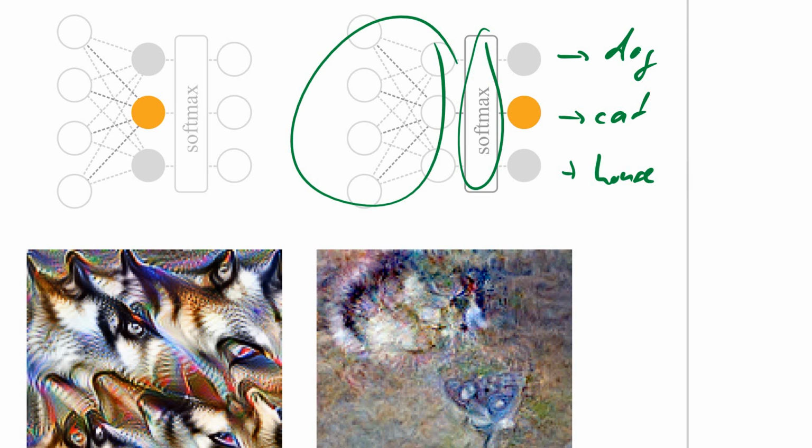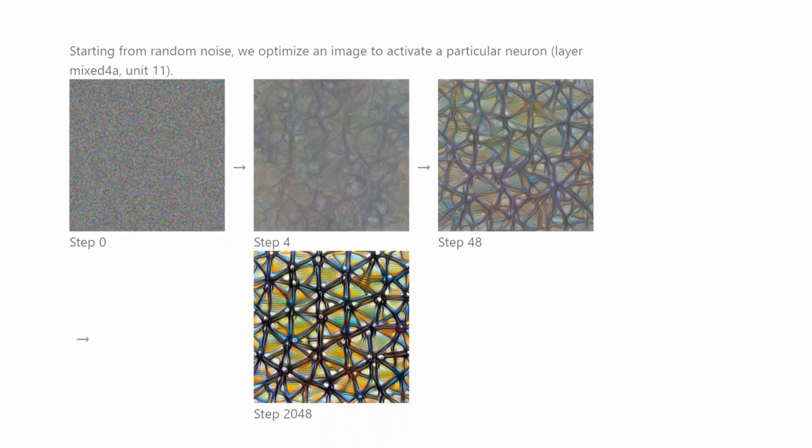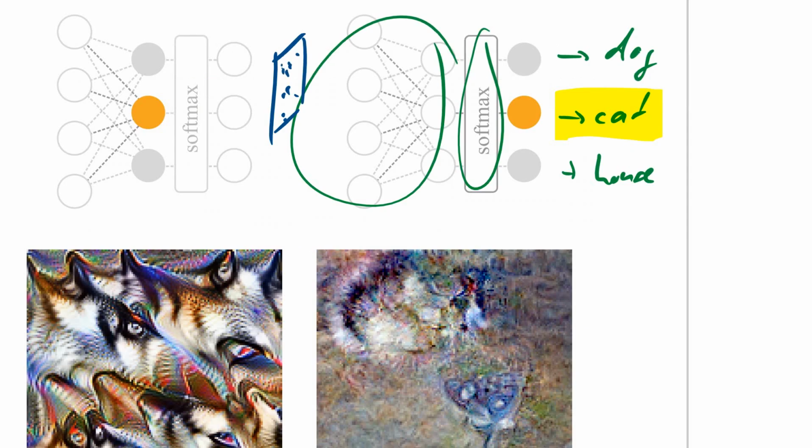You can think of, okay, I want to know when the network sees a cat. What does the network think of cats? So what I would do is take an image that is just noise, right? Just random noise, like this one on the left here. And I would start to optimize this image using backpropagation.